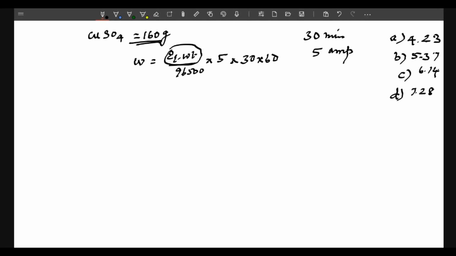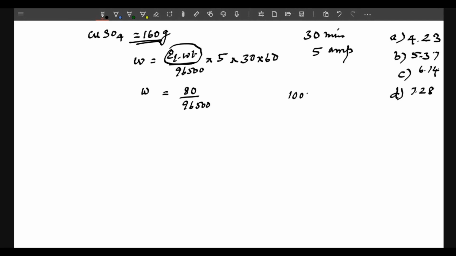Equivalent weight would be molecular weight by the valency, that is 80. You can put it here and from this, you can calculate how many grams of copper sulfate has been deposited.